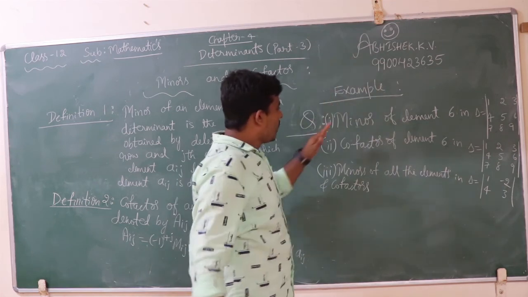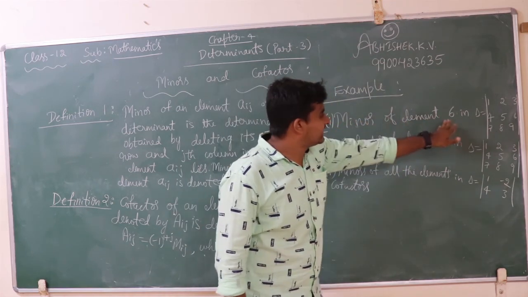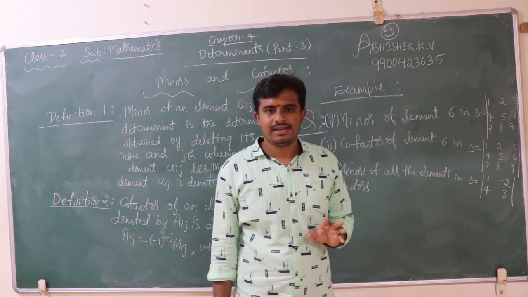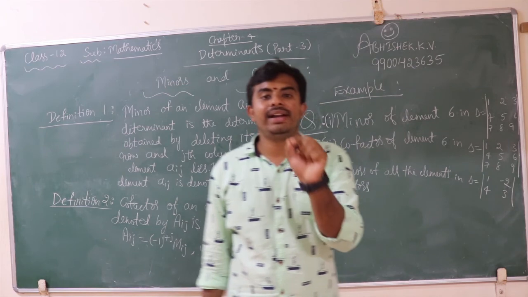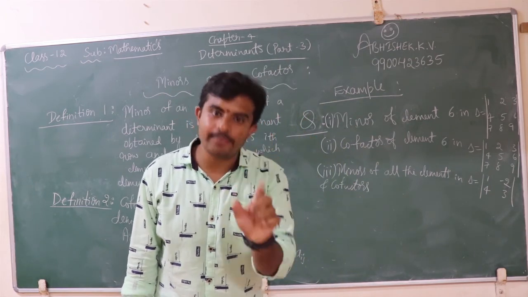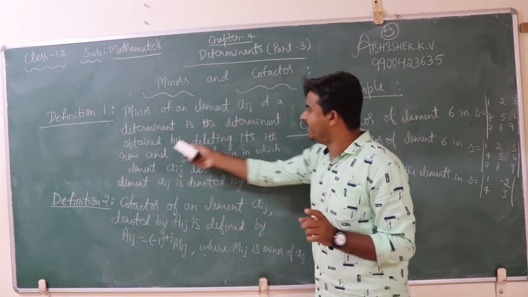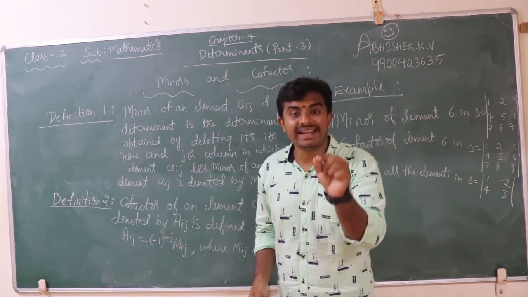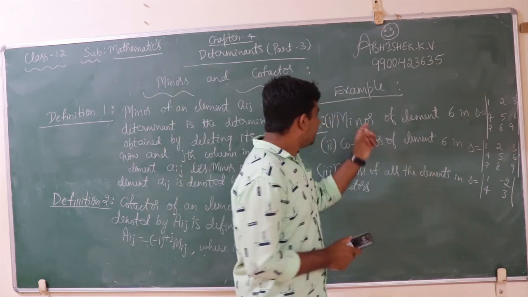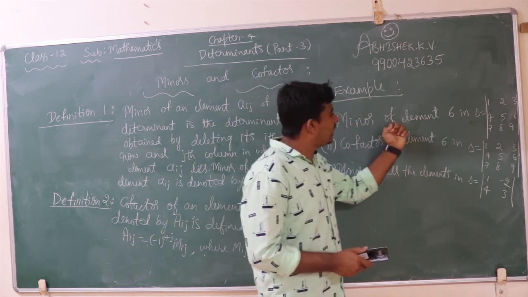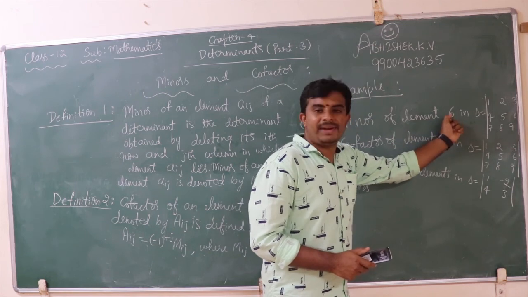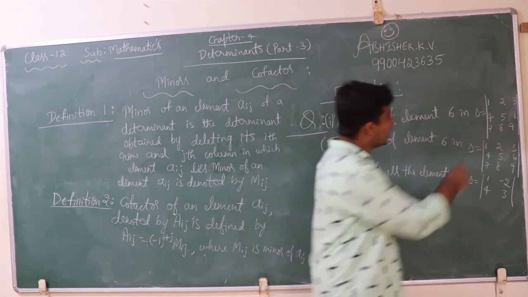Minor of the element 6 in the determinant 1, 2, 3, 4, 5, 6, 7, 8, 9. Minor of an element Aij is the determinant obtained by deleting its ith row, jth column. If the examiner asks the minor of the element 6 in this determinant, in which place does 6 lie?